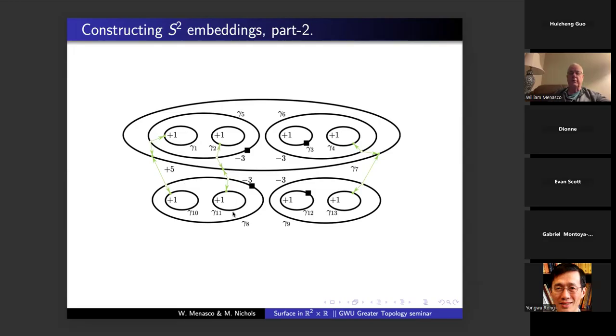So at the components where the black dots are, if you make your assignments of how much more you have to add to get that turning number, then everything else is totally determined.